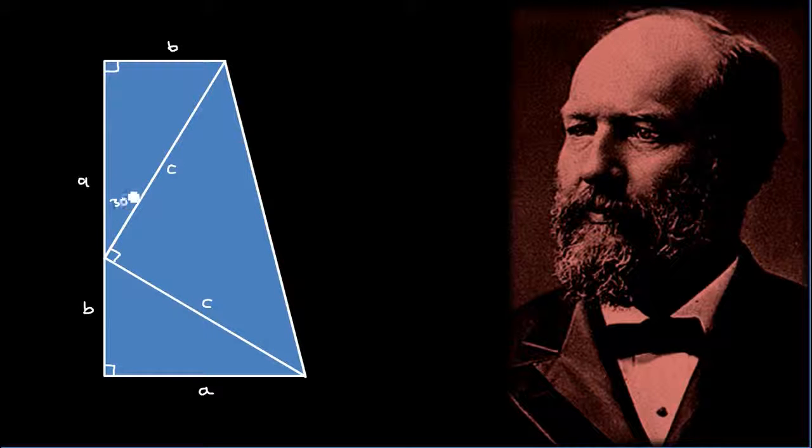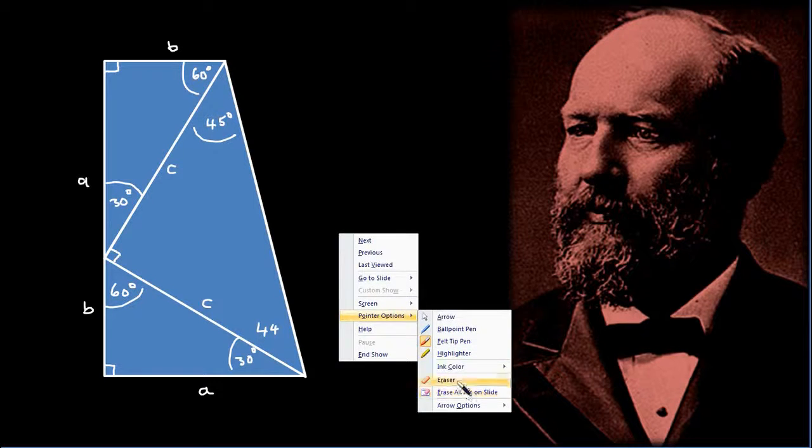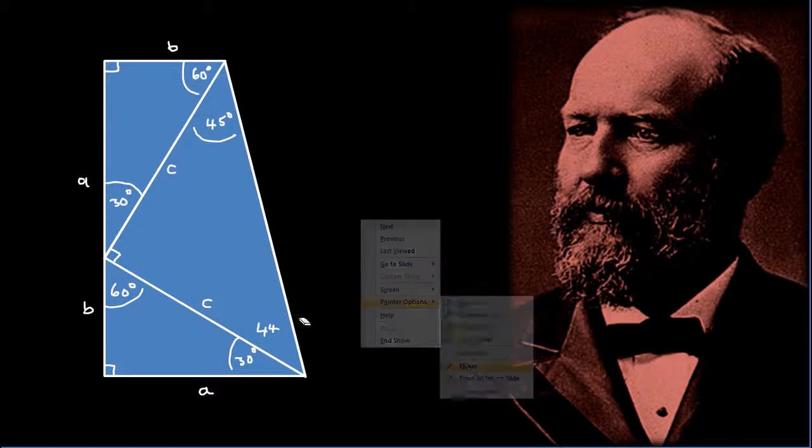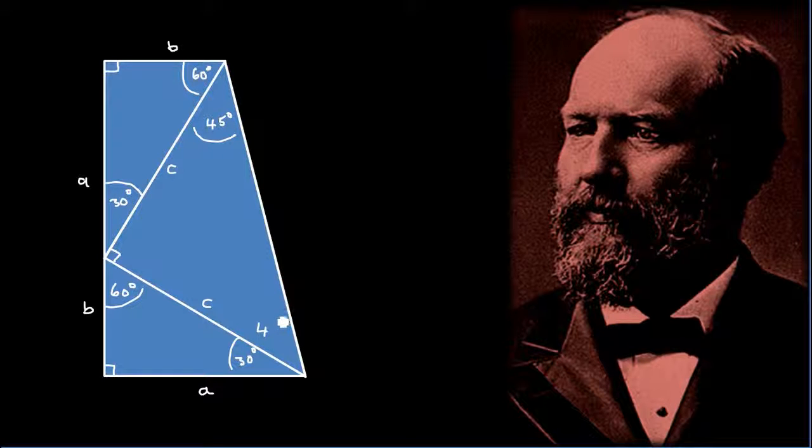So we've got here a 30 degree, 60 degree triangle, and we've got another one here, 60, 30. This one here is 45, 45, 90.